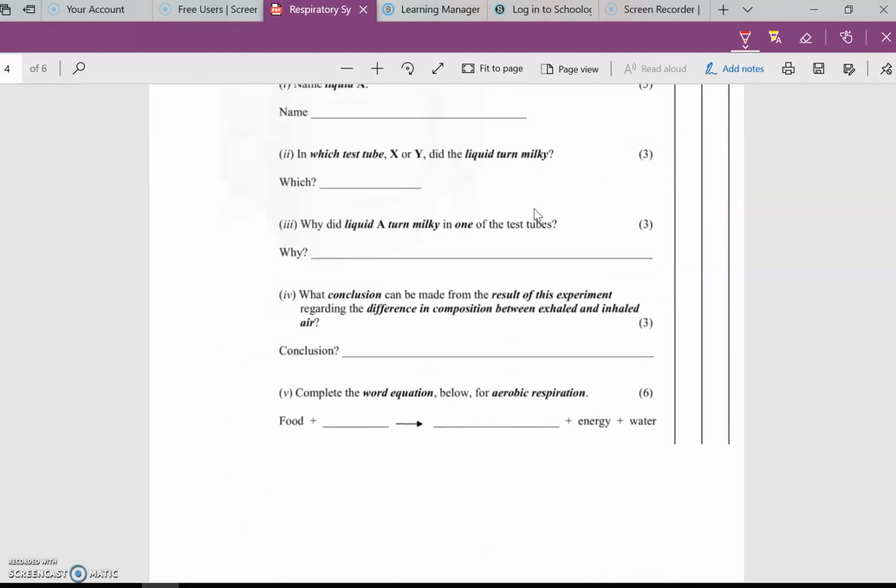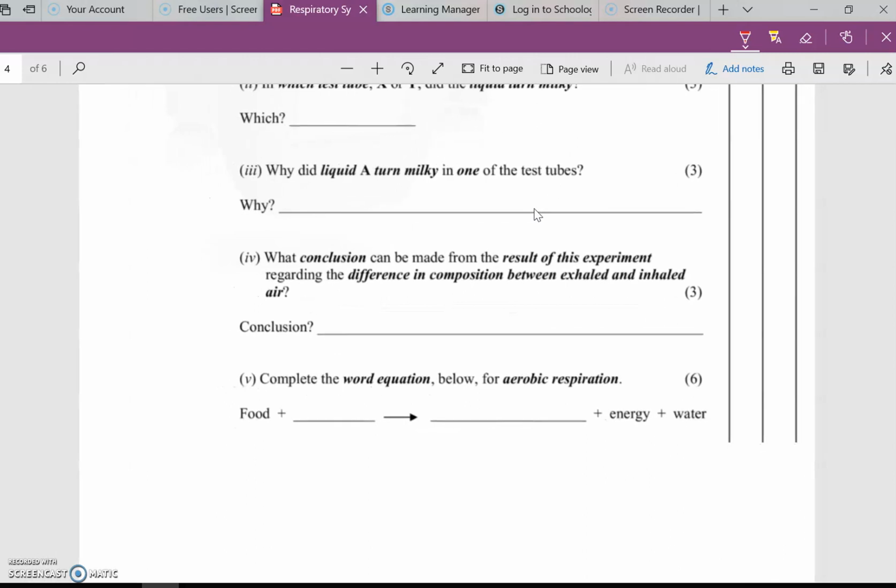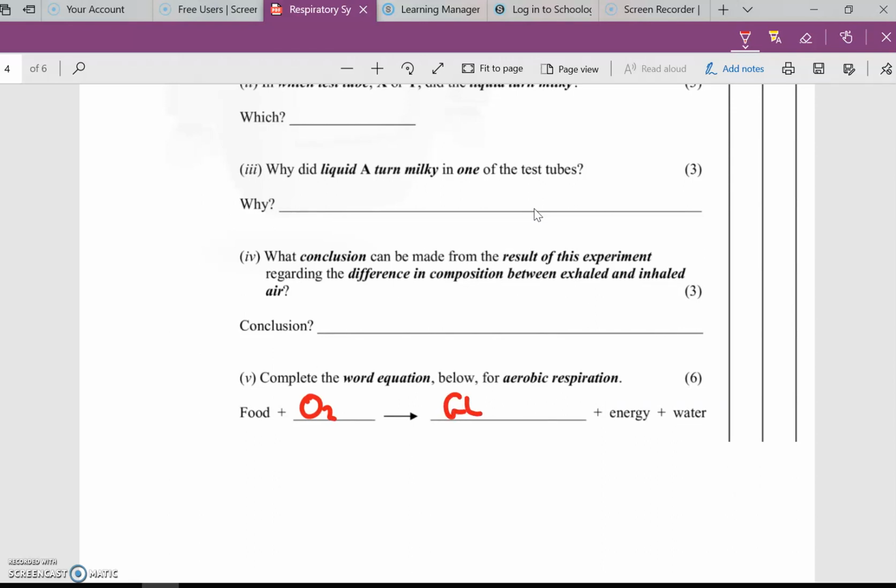What conclusion can be made from the experiment? Basically, inhaled air contains less carbon dioxide than exhaled air, or you can say exhaled air contains more carbon dioxide than inhaled air. And last is the word equation for aerobic respiration. So it's food plus oxygen, let's go O2, gives us glucose.